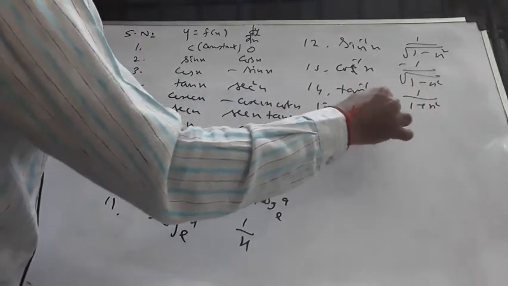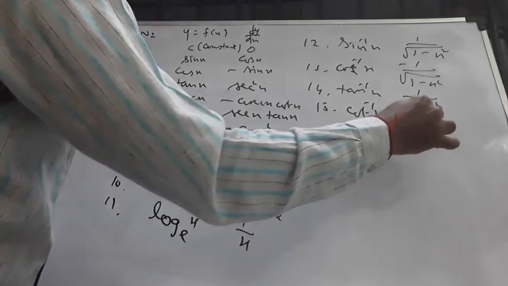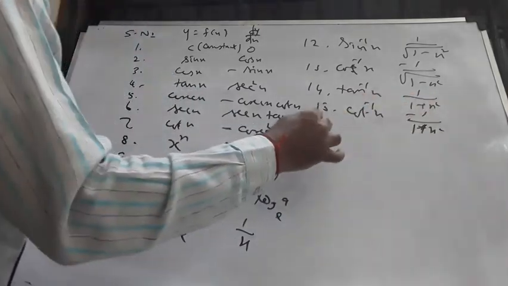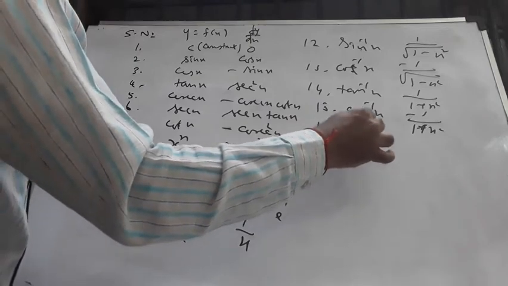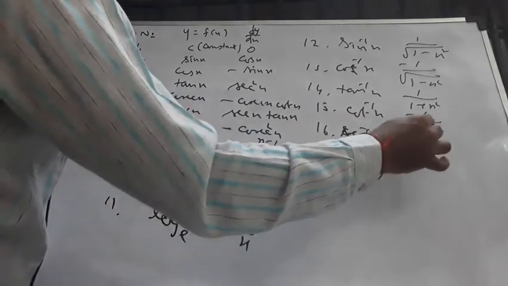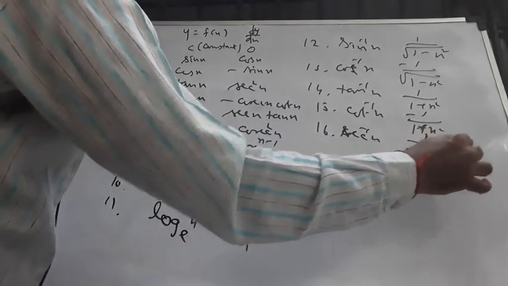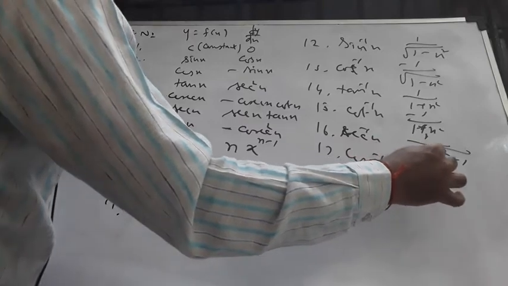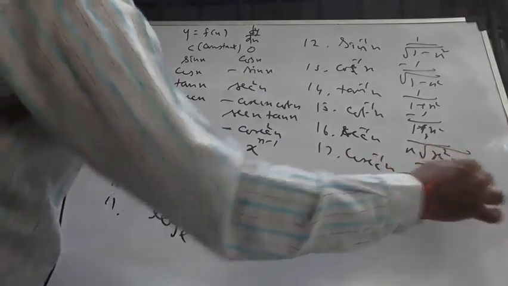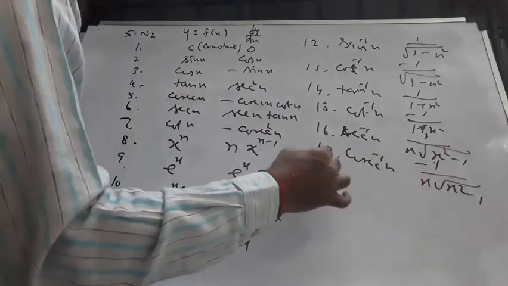For cot inverse x, it is minus 1 by 1 plus x square. For secant inverse x, it is 1 by x into root of x square minus 1. For cosecant inverse x, it is minus 1 by x into root of x square minus 1.